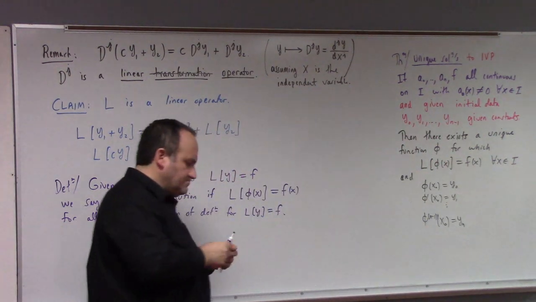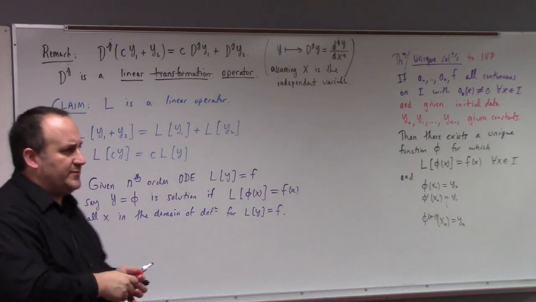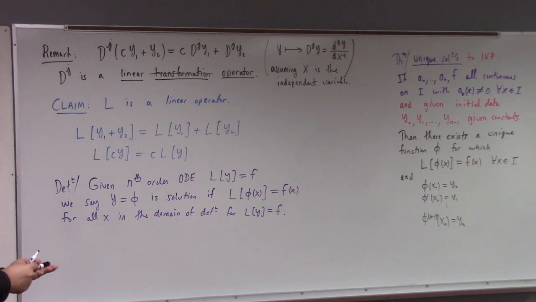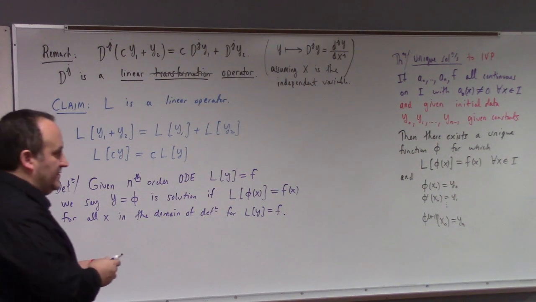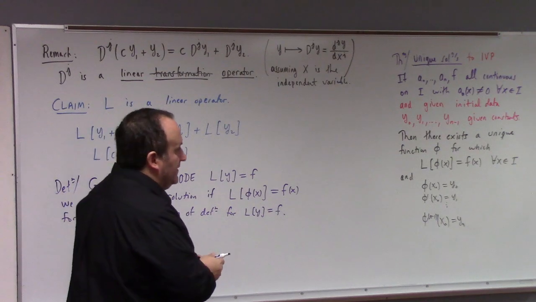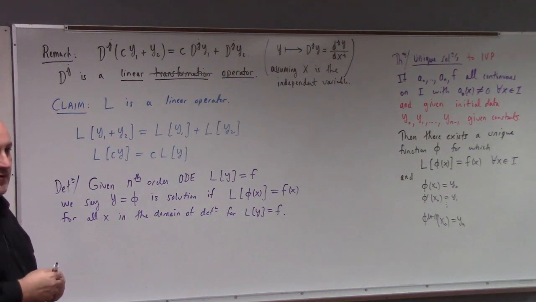In other words, if I have an nth order linear differential equation and I'm given values for the solution, its derivative, its second derivative, all the way out to its n minus 1th derivatives, then there is a unique solution to this problem.